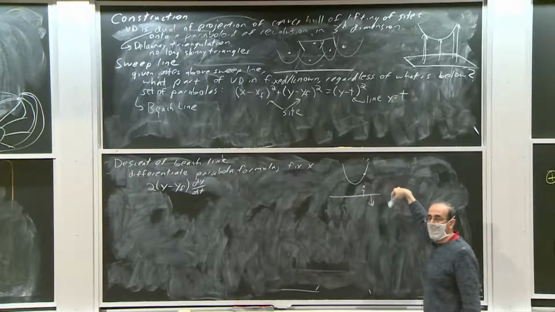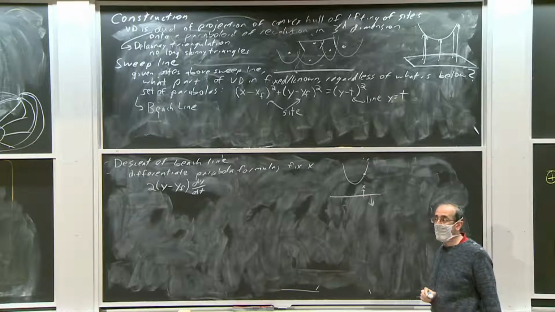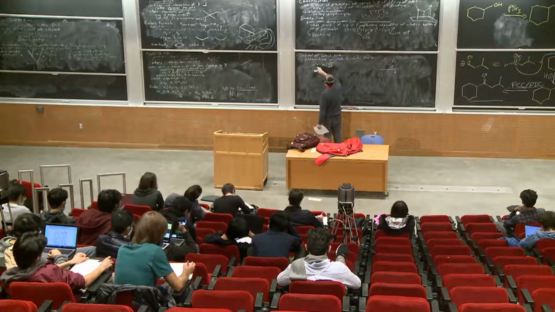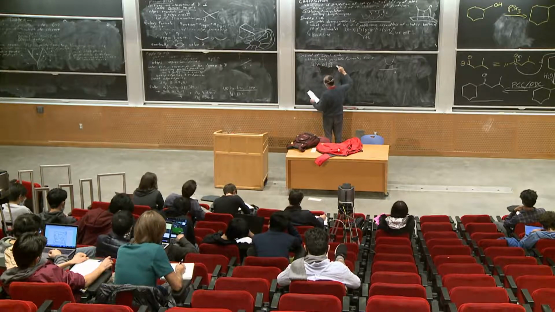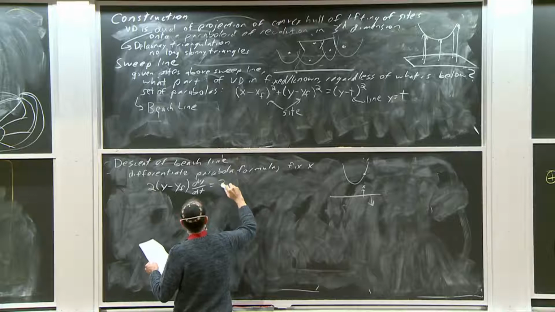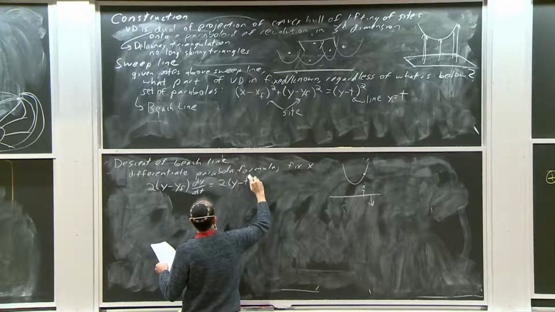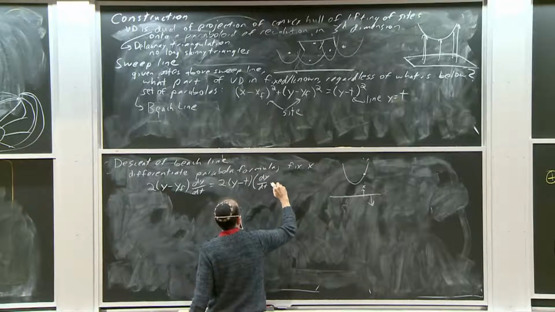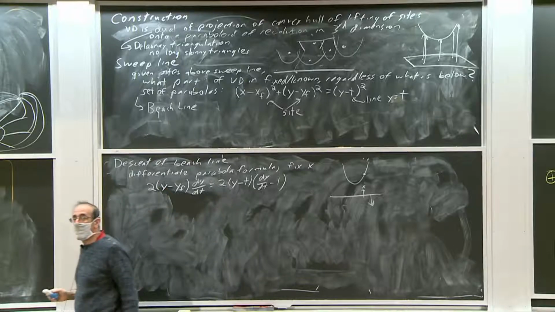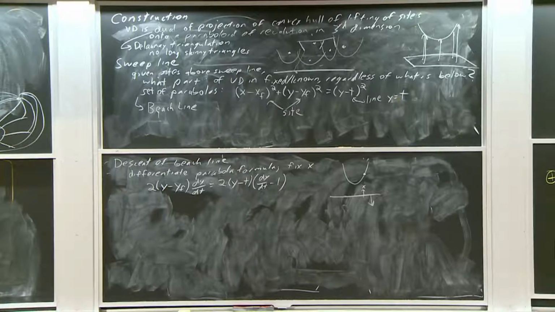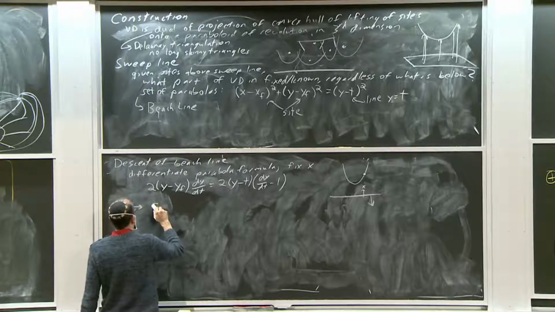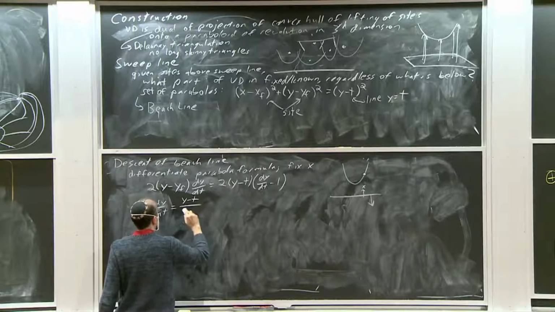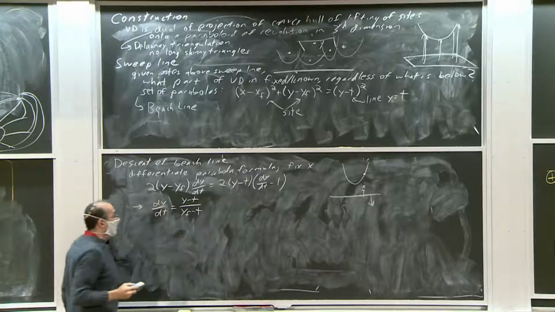How does the parabola descend at this value of x? And since I'm fixing x, that doesn't show up in the derivative. I just understand how y is evolving for that x. And on the other side, I have 2 times (y minus t) times (dy/dt minus 1). So there's my implicit differentiation. I solve for that, and I find out that dy/dt is equal to (y minus t) divided by (yf minus t).